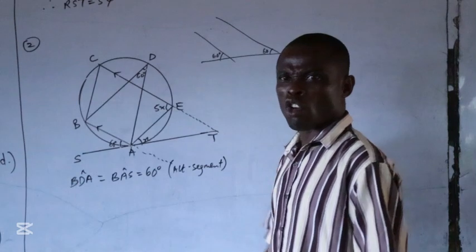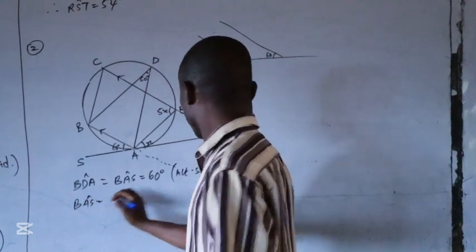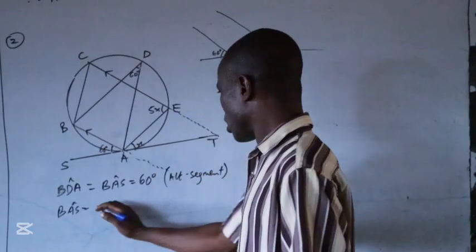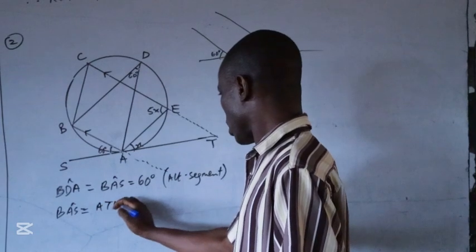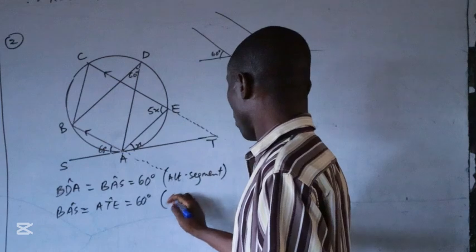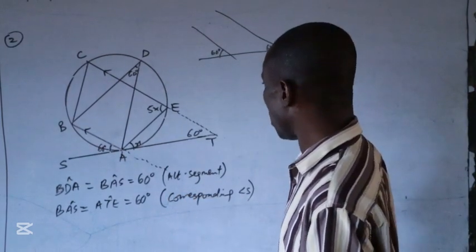That is what is called corresponding angle. Yes, BAS is equal to ATE, and that is 60 degrees. Reason: corresponding angle.